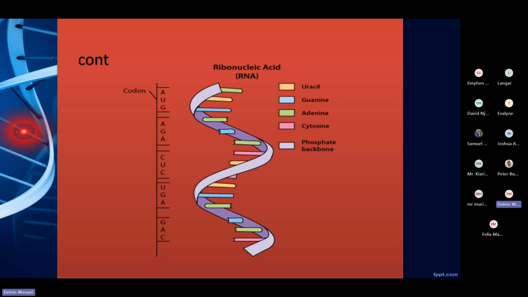So at the end, we shall have a strand of an RNA which has all the organic bases of the DNA in the nucleus, except that the thymine in this case has been replaced by uracil. Then that information will leave the nucleus and move to the cytoplasm.